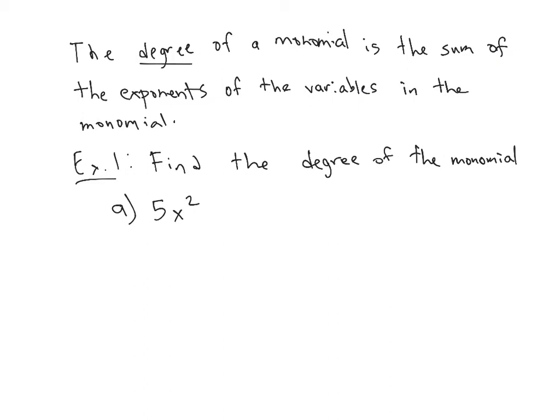And so for 5x squared, I only have one variable with an exponent on it, right? The exponents of the variables. We see this part here. So we're looking for the exponents, and the only one I have is 2. And so in this case, the degree is just equal to 2. So if I have anything like that, where I just have one exponent, the degree will just be whatever that exponent is.